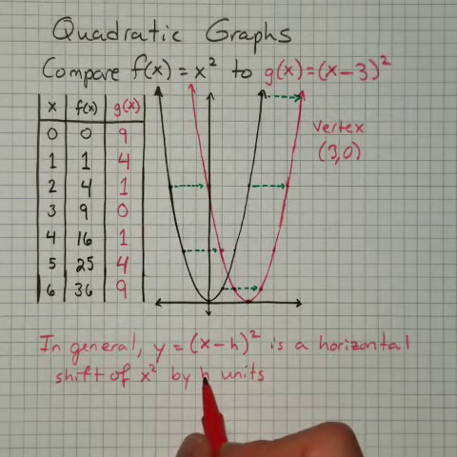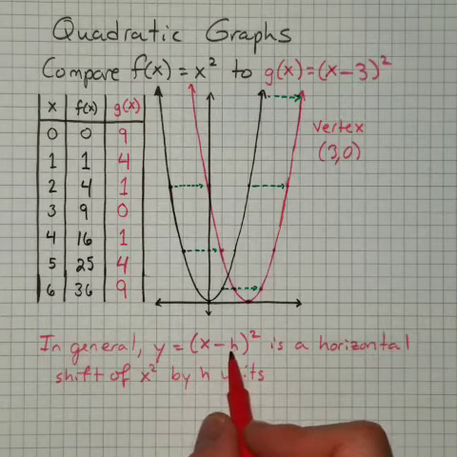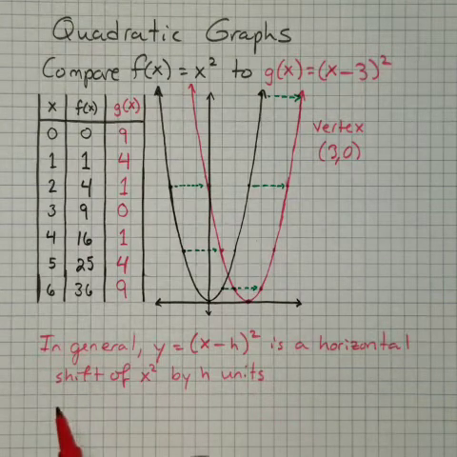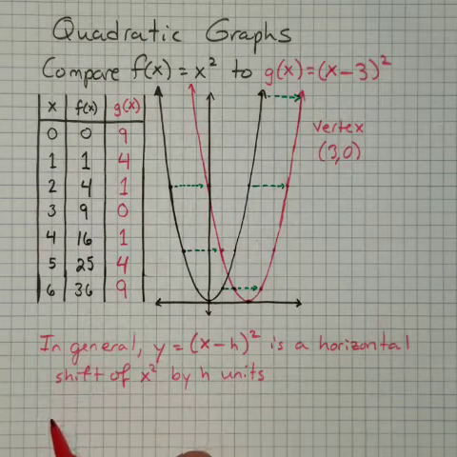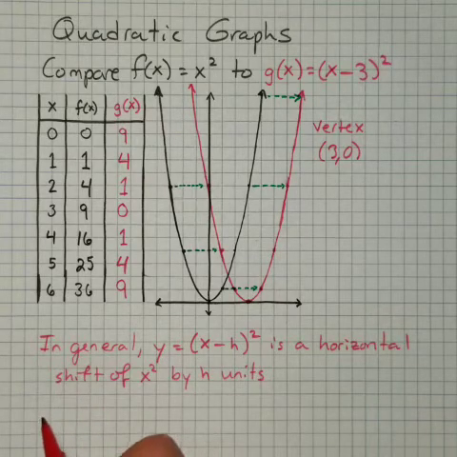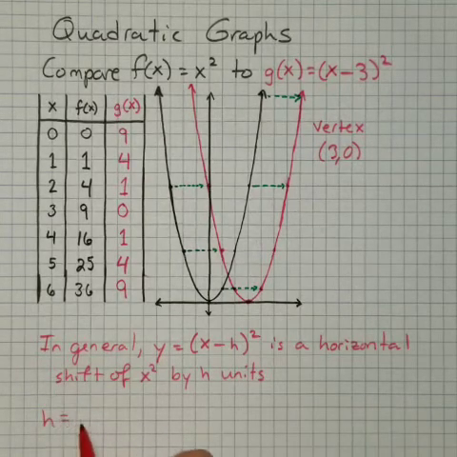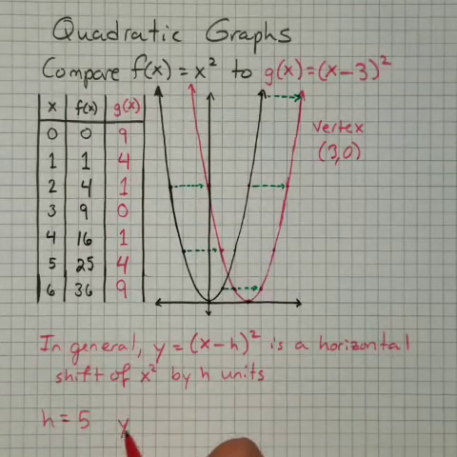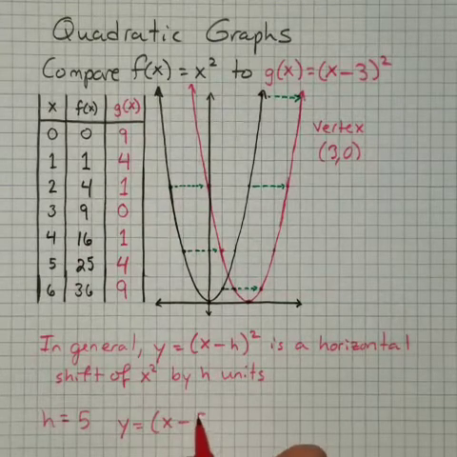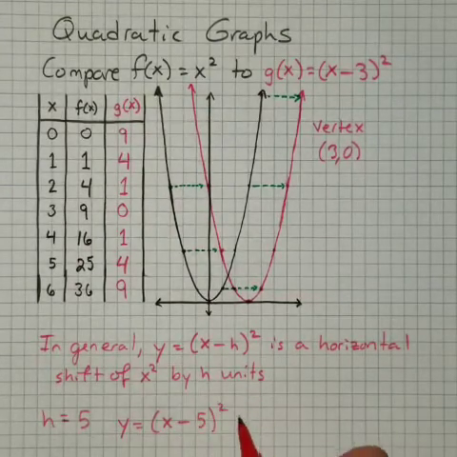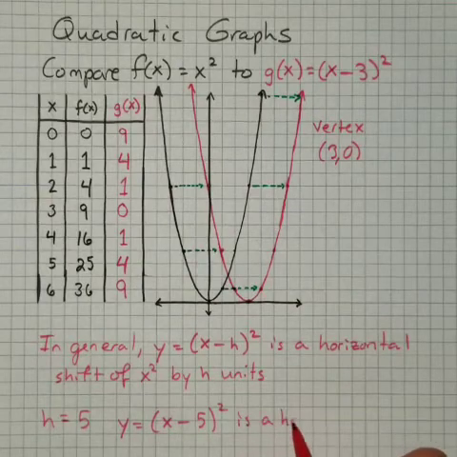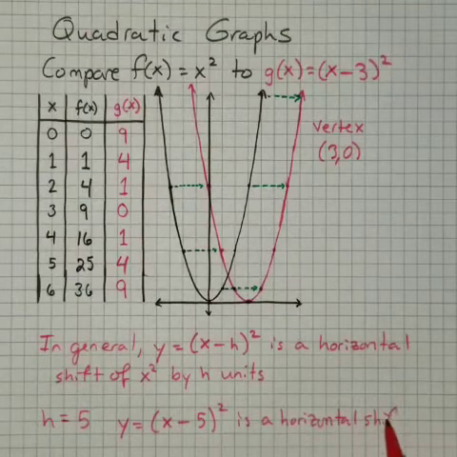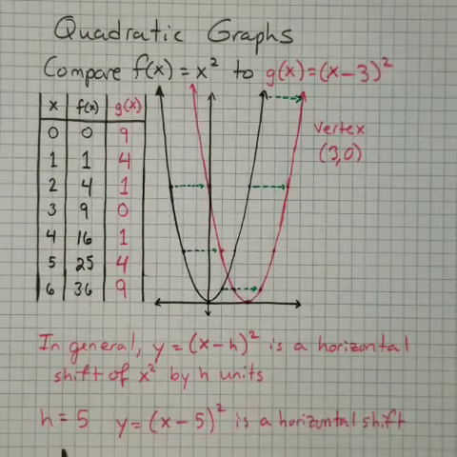Now when this h value is positive, the x minus h will have a minus in there. So that's kind of weird. Let's give a concrete example here. If we had h equals 5, for instance, then y equals (x minus 5) squared is a horizontal shift right 5.